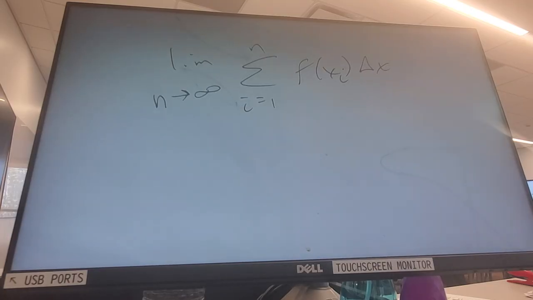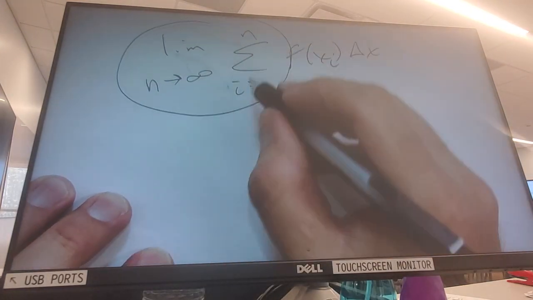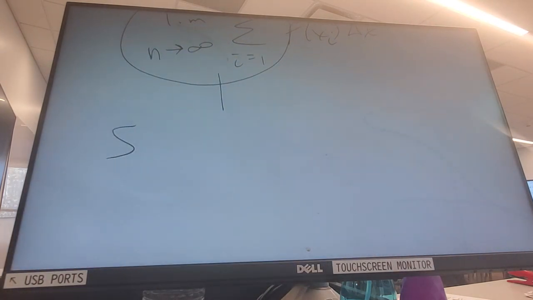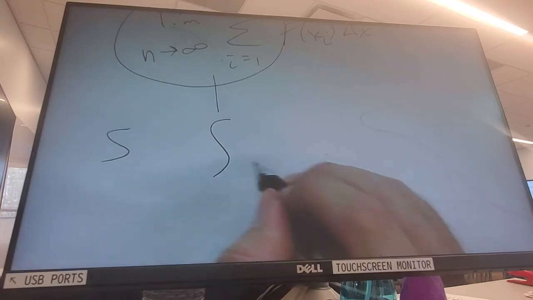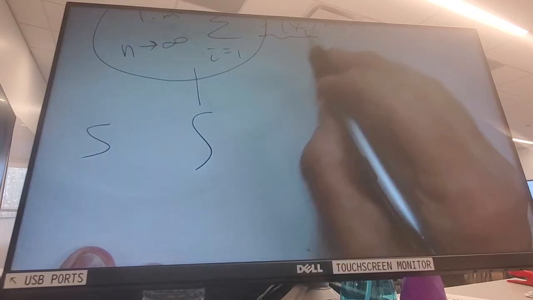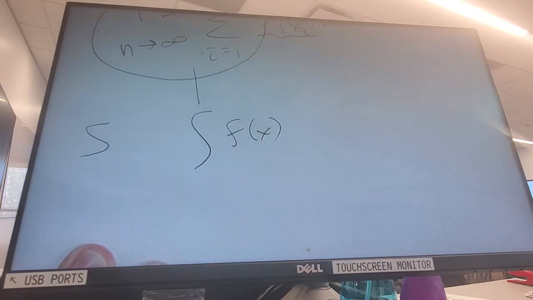But these together, they decided to use the letter S. They took the letter S and then they just did this to it. This symbol is called the integral. F of xi just becomes f of x.